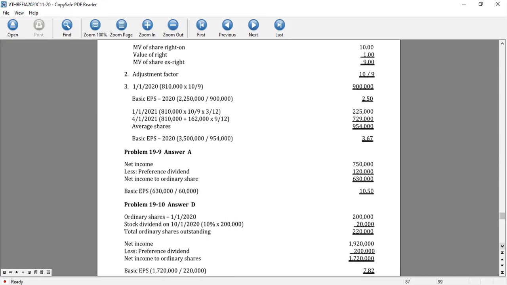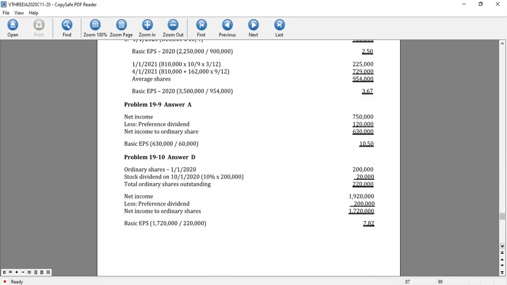Then we have 19-10. Royal Company reported the following capital structure on January 1, 2020. Shares issued and outstanding: ordinary share capital 200,000, preference share capital 50,000.